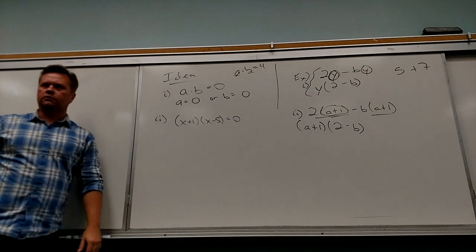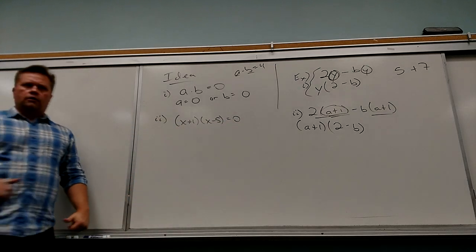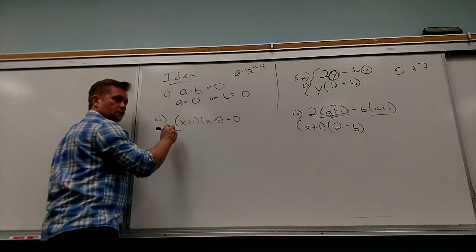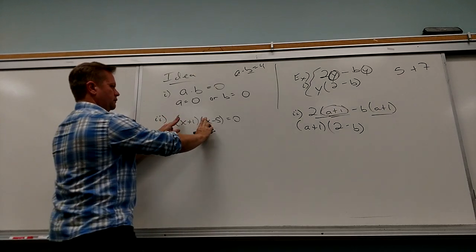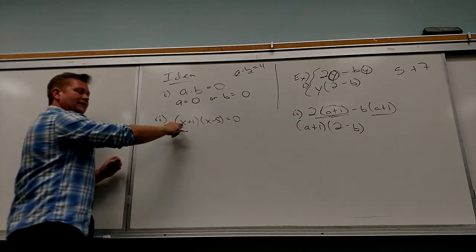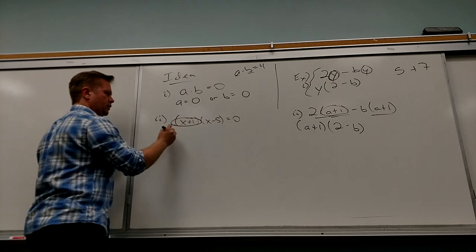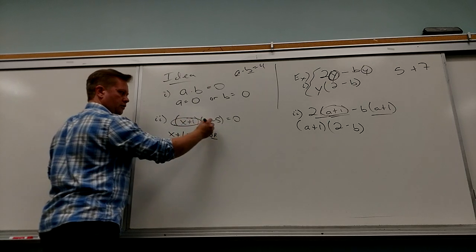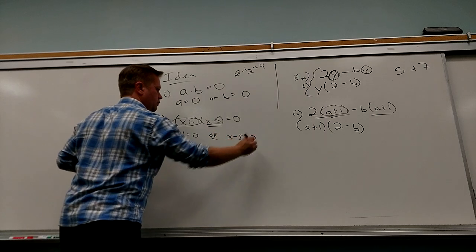What must be true relative to 0? Either... if x is 0, what do you get? Negative 5. I don't get 0, right? So not x is 0, but either this number is 0 or this number is 0.